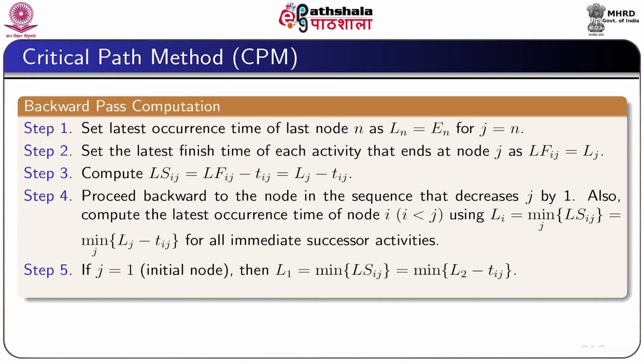Now, finally, if j equal to 1, that is the initial node, then L1 can be obtained as L1 equal to minimum of LSij, which is nothing but minimum of L2 minus Tij.